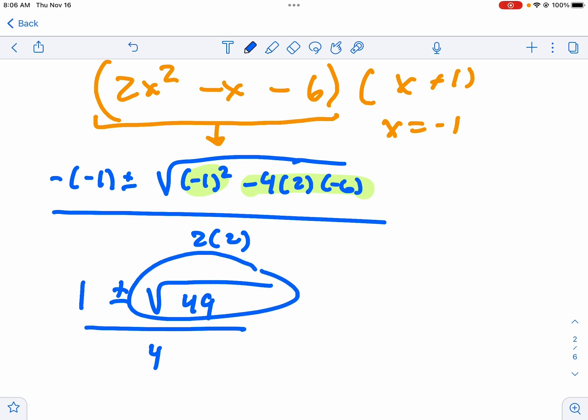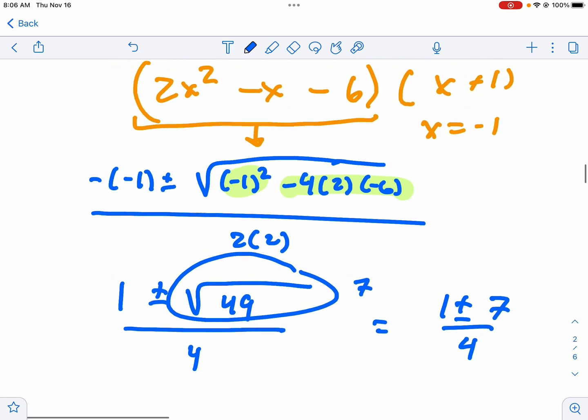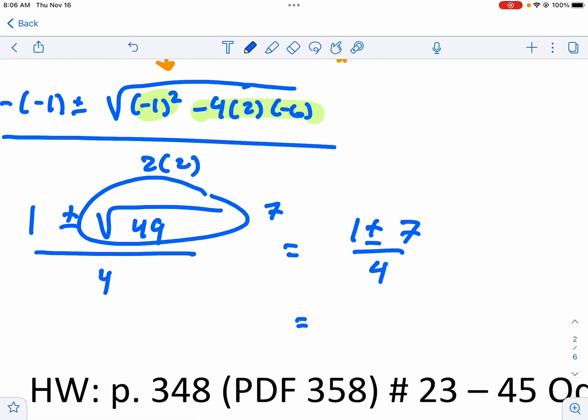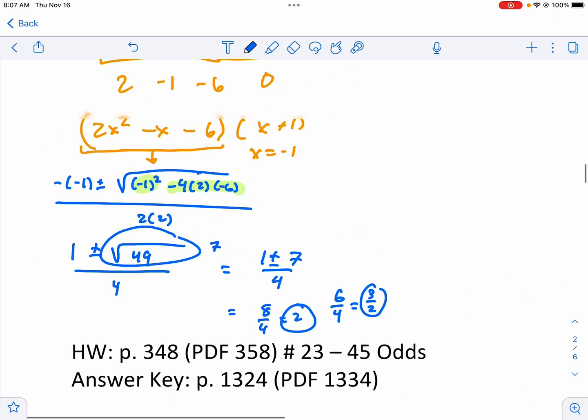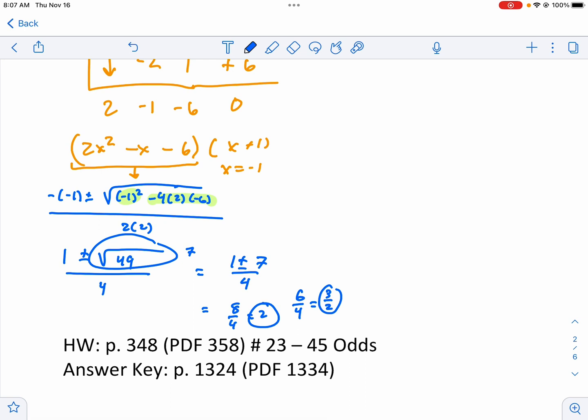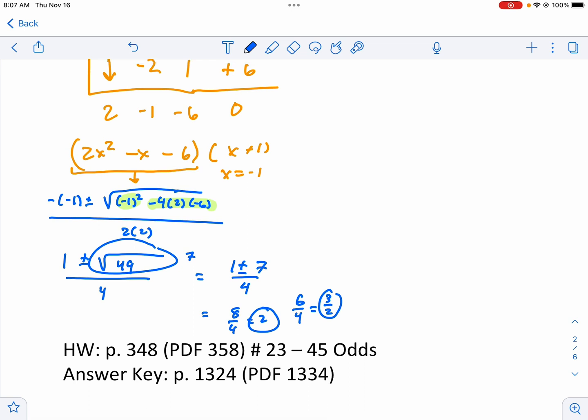We know that the square root is 7. So this is 1 plus minus 7 over 4. So it's either 8 over 4, which is equal to 2, or 6 over 4, which is equal to 3 halves. There's your roots. It did factor nicely. That's okay.